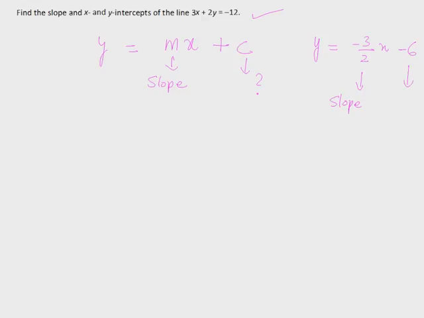And I need to know what is the minus 6. So the easiest way to find that out is to put x equal to 0. If I take x equal to 0 in this equation, I get y is equal to m into 0 plus c. So I get y equal to c. So what's it saying? It's saying when x is 0, y is c. That means the point 0, c is on the line.